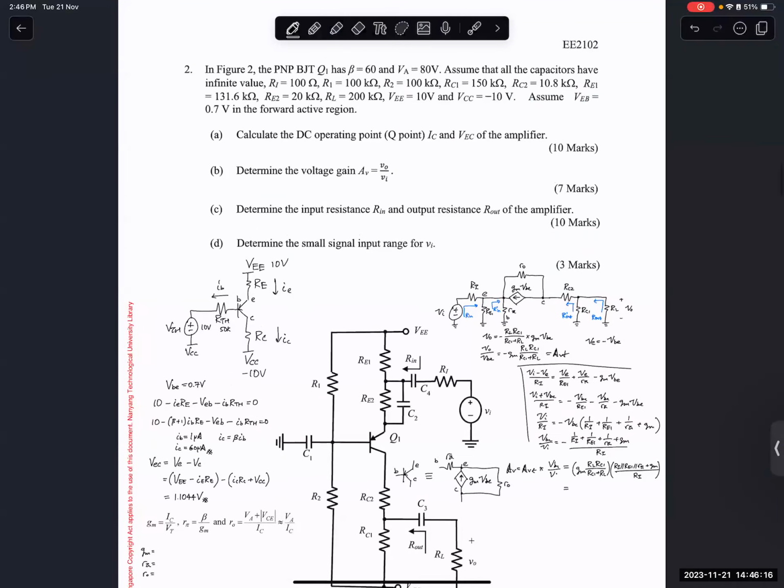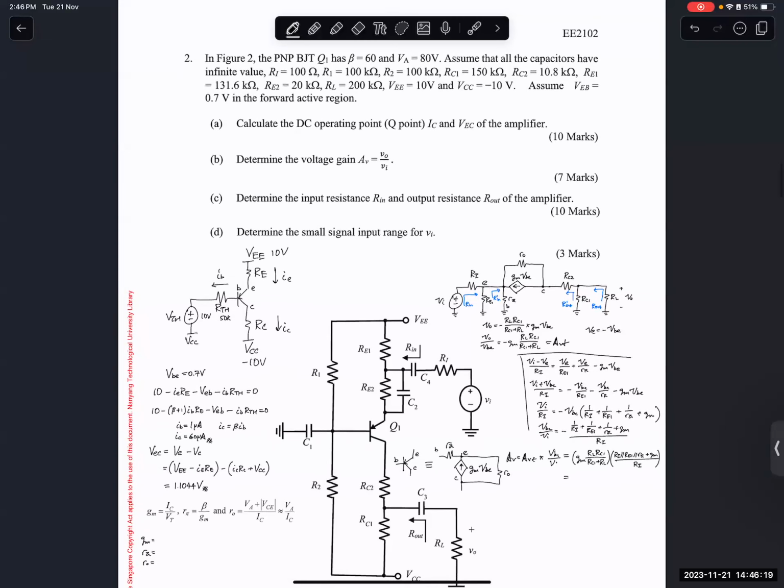Did I copy the wrong one? No, correct. GM is IC and then IC just now.